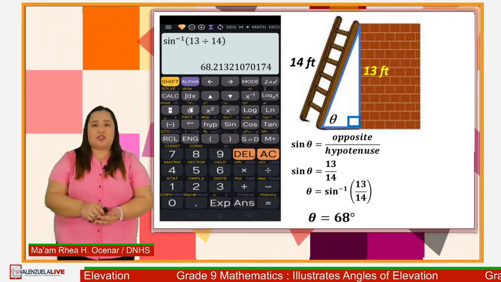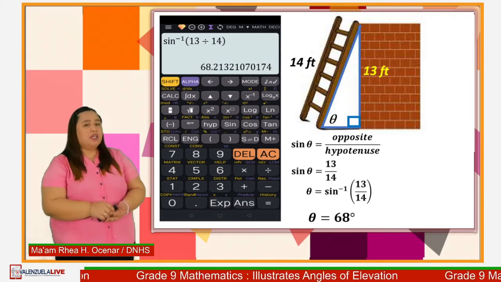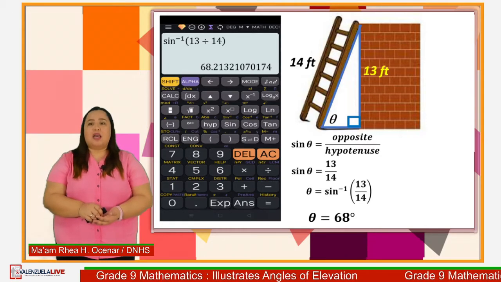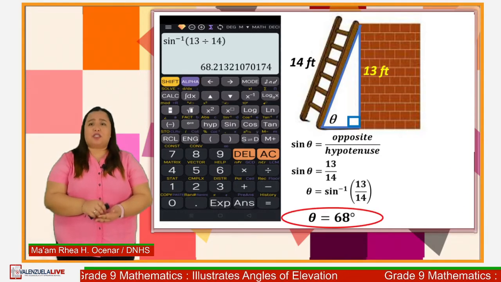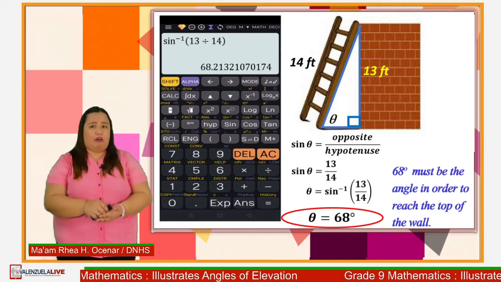Therefore, the answer now is theta is equal to 68 degrees. 68 degrees must be the angle in order to reach the top of the wall.